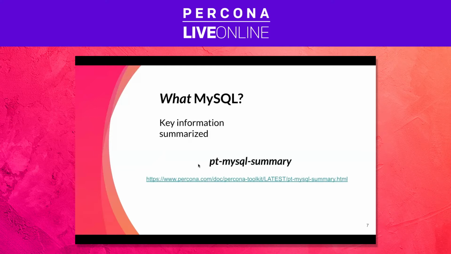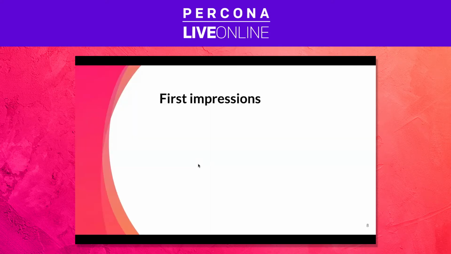And if you're wondering, yes, there is a pt-pg-summary and a pt-mongodb-summary available in the toolkit as well. With the information provided by pt-summary and pt-mysql-summary, we can get a clear picture of what that server is, and start to get a sense of how MySQL is configured in view of the whole server.